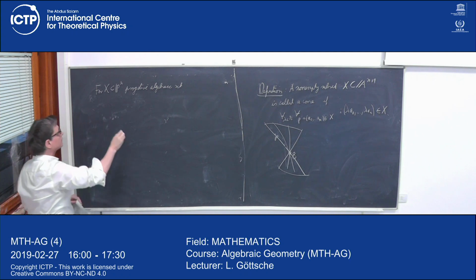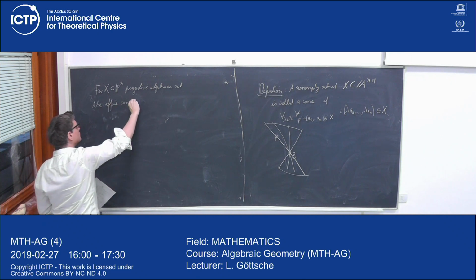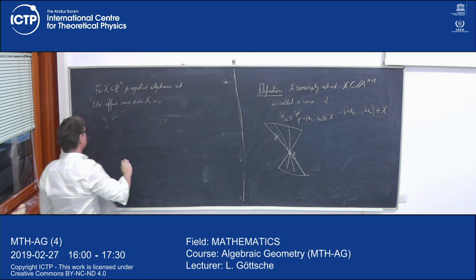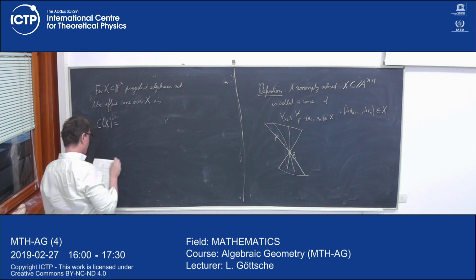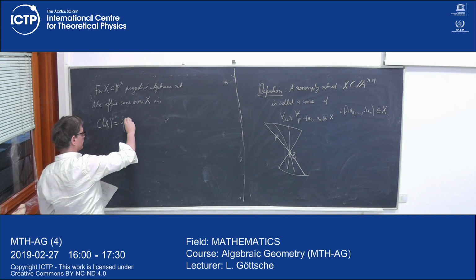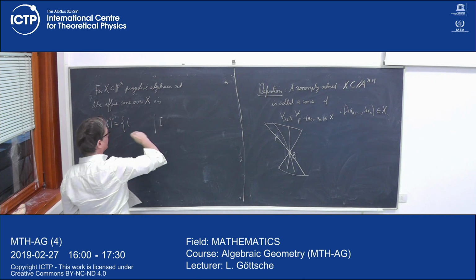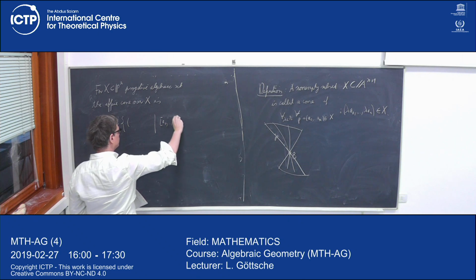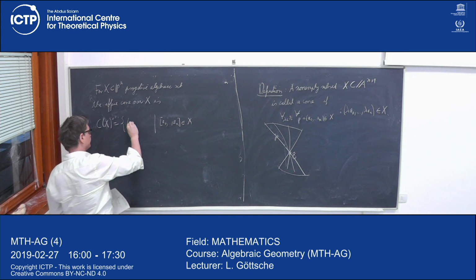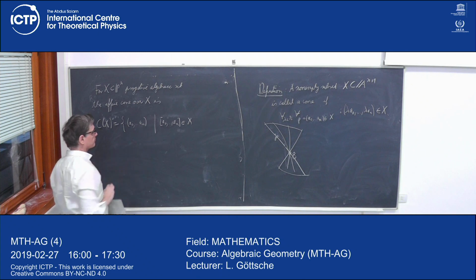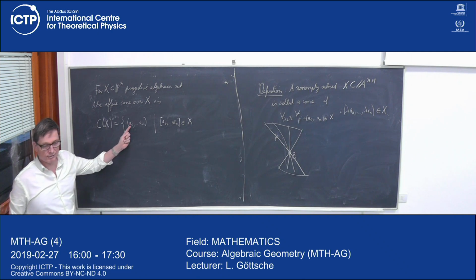The affine cone over X, maybe I write C_X, is the set of all representatives of all the elements in X. Now this is not precisely a cone, because all the coordinates have to be non-zero.